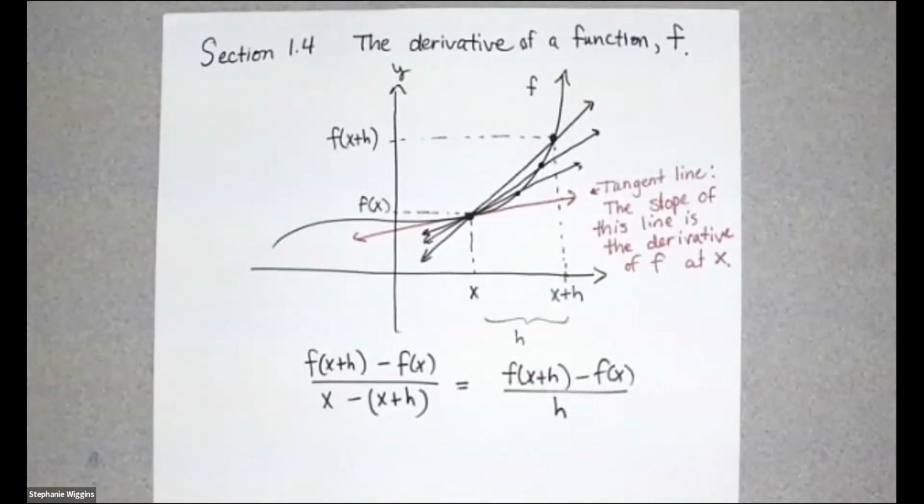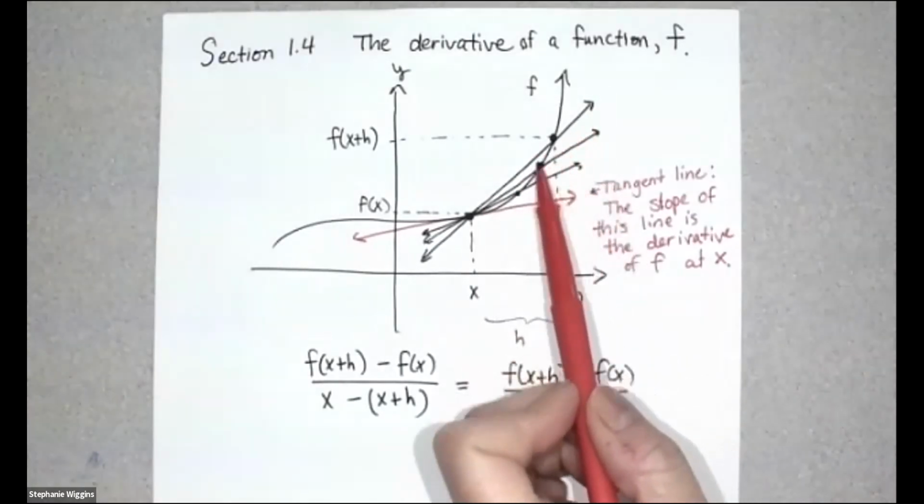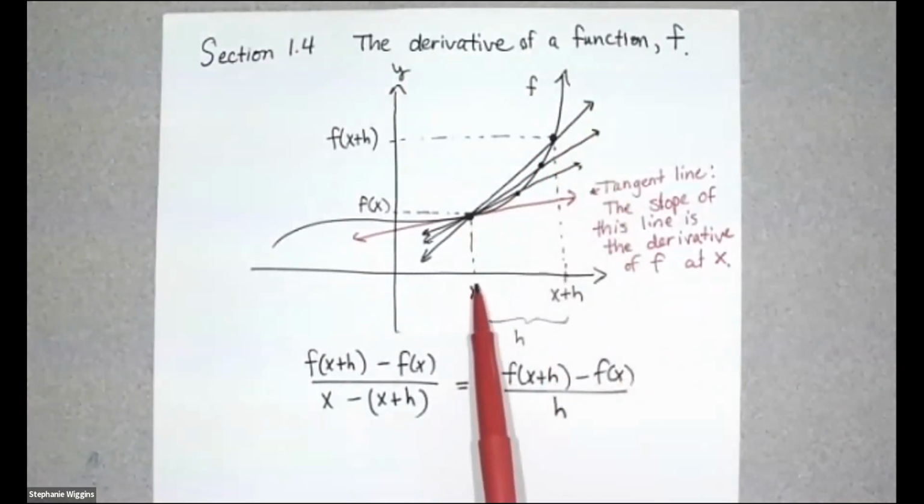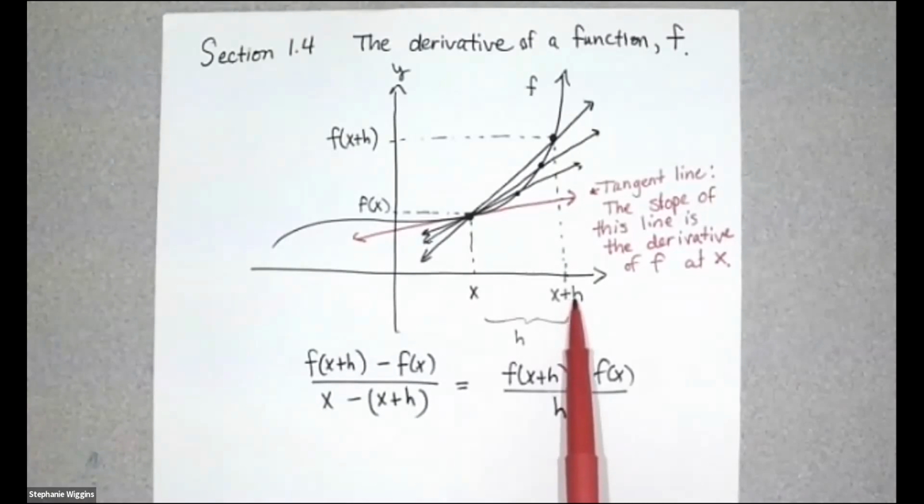That's important to note about tangent lines. The slope, which is the derivative, represents the instantaneous change. All of these lines are calculating average rate of change over an interval from x to x plus h.